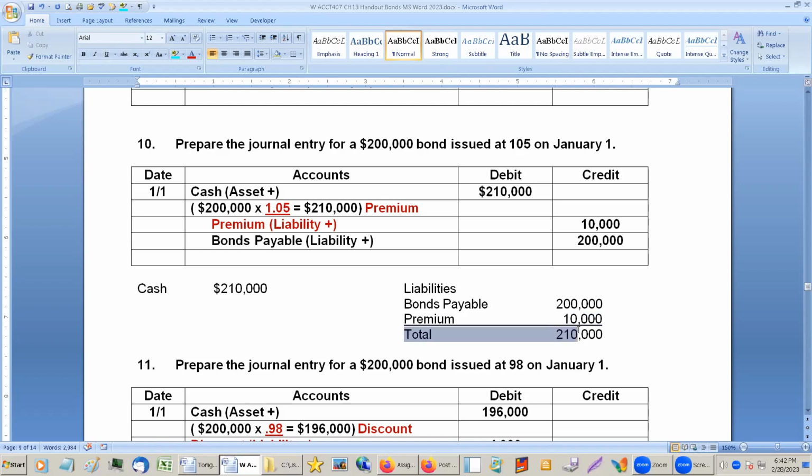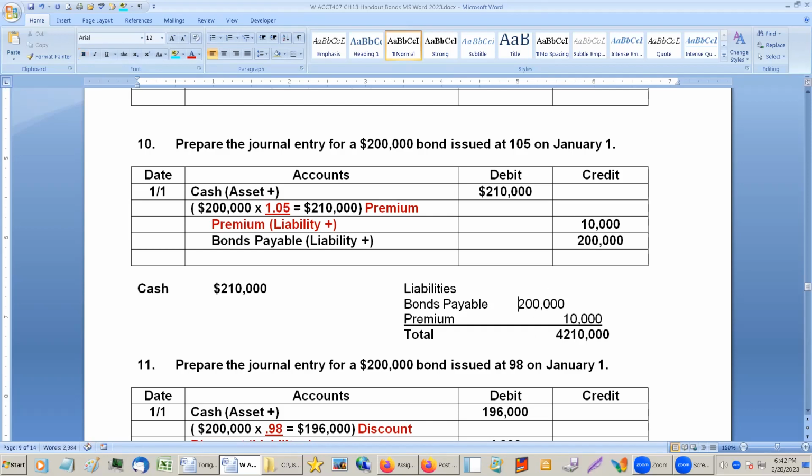If you want your balance sheet to balance, this is how that transaction has to occur. If you put 210,000 on one side, you got to put 210,000 on the other.